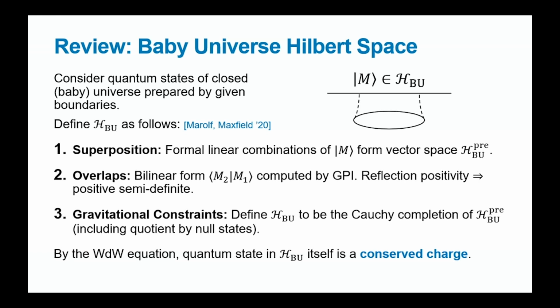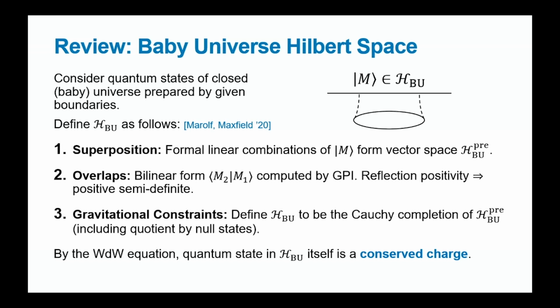Part of the Cauchy completion is quotienting by the space of null states. So you're taking the free vector space generated by closed D-1 manifolds, together with whatever other data you need to specify a boundary condition of the path integral. For example, you could have some classical fields, and so you should put that configuration as well.